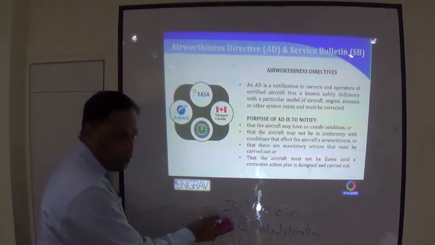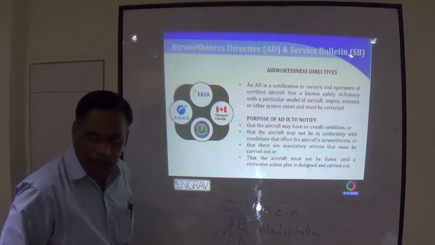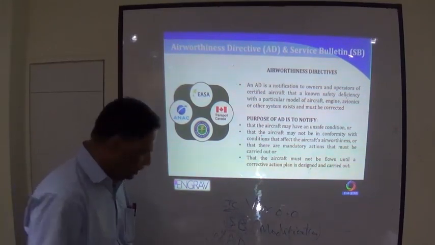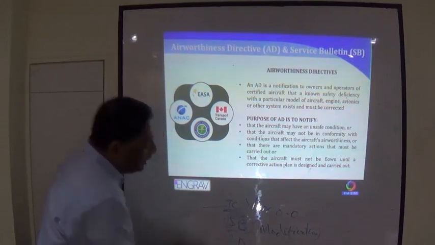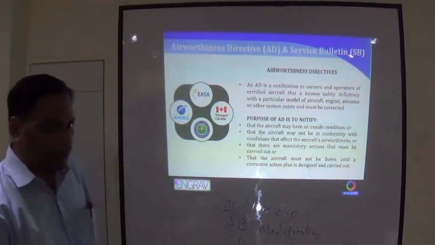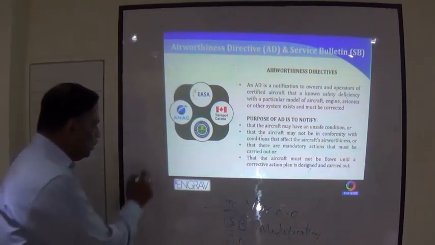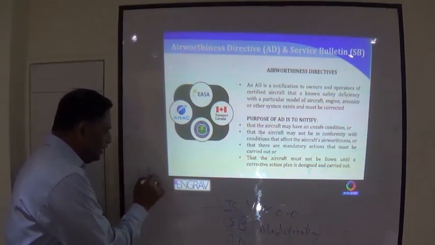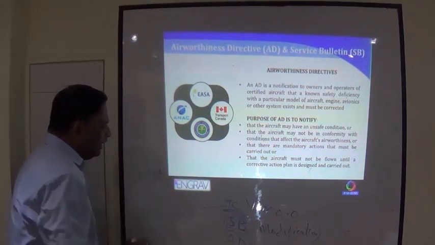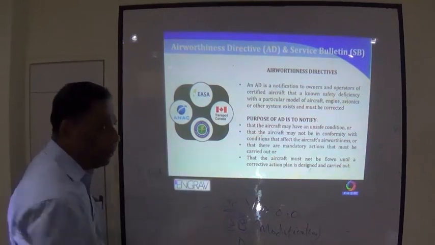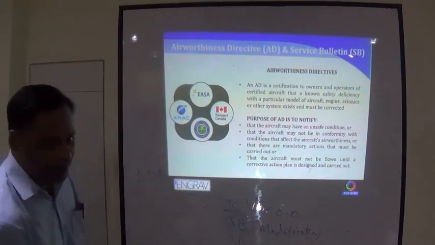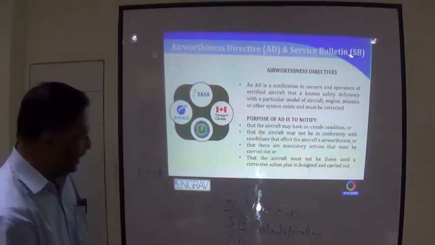As for an AD, SBs are issued by the manufacturer of the aircraft type, aircraft, engine or component. ADs are issued by the regulatory authority. So an AD issued by the European EASA, a copy will go to the FAA also, but the FAA may not issue a corresponding AD.